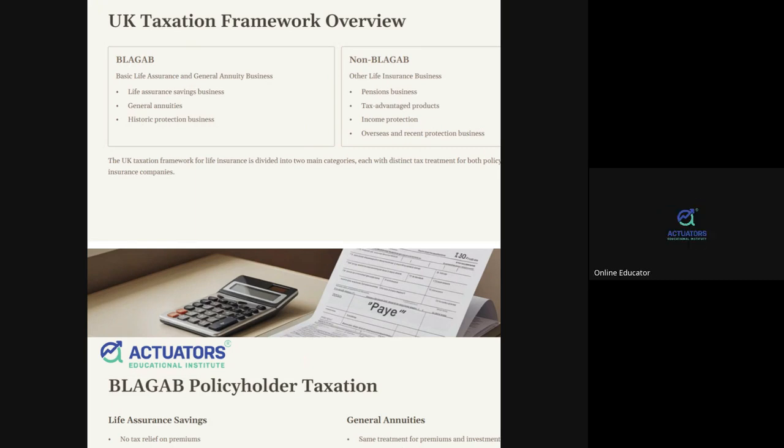Agreed? Now let's see how this compares with a case where an insurance company is only dealing in protection business. It now has an excess E condition, because shareholder profit is positive, assuming it's a profitable product, but your policyholder profit is negative.